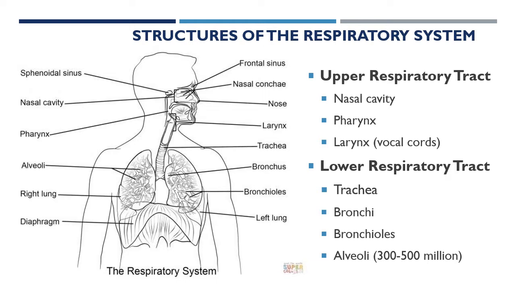So the trachea, the bronchial tubes, the lungs, and what are at the bottom of the lungs? Well, the diaphragm. Okay, so the lungs are surrounded by the chest wall, which are ribs. Anteriorly, you have the sternum. Inferiorly, you have the diaphragm.